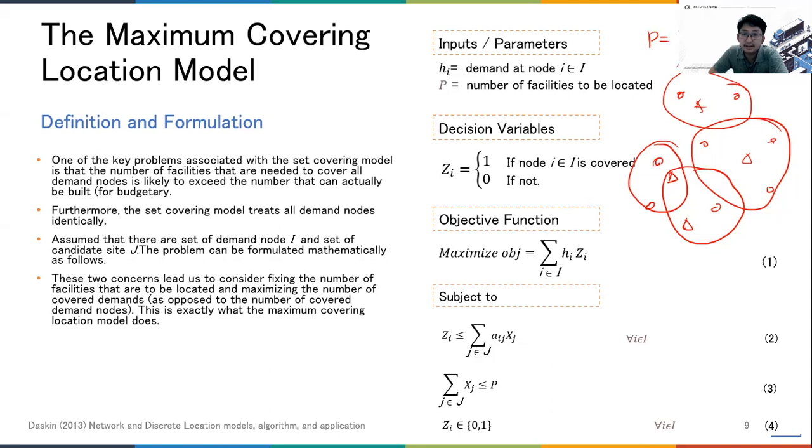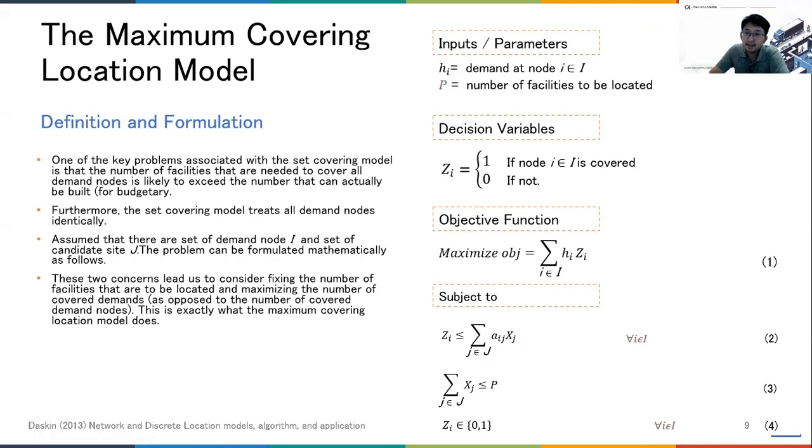So it means that if you open this one and this one, perhaps another location will not be covered. Okay. So for this particular case, we have another model, so-called maximum covering location. So you try to maximize the coverage of the locations that you select. Okay, those are called maximum covering location.